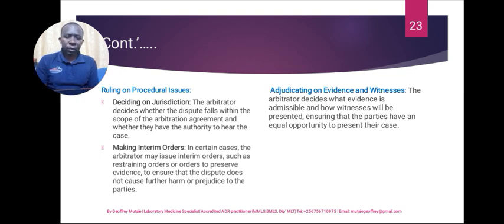So this person wants to bring this evidence, but if it is brought, what impact is it going to have? You remember we talked about the issue of confidentiality. So we are not getting into the arbitration process to expedite the situation, but we are looking at how we can solve without causing more harm. So this calls for wisdom as you are arbitrating. Yes, even though there is evidence which is produced, you must be keen to look.